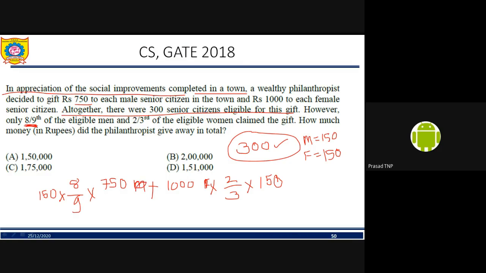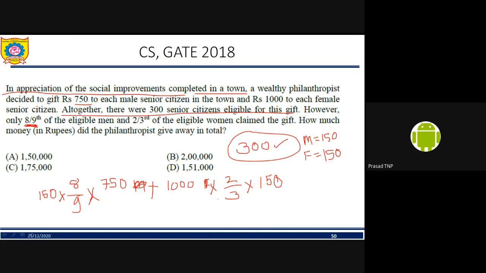Okay, so 150 is the total male. Out of 150, 8 by 9th male attended the gift ceremony. So 150 into 8 by 9, these are total male available, into 750. 750 is the price, right? This is the price for one male plus 1000 is the price of female, right?